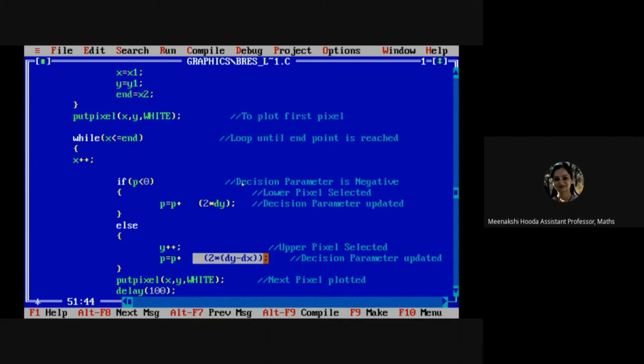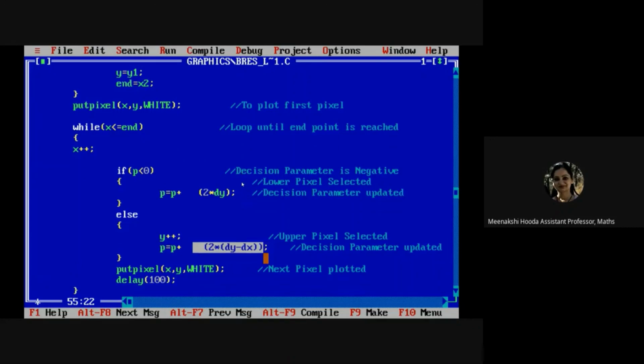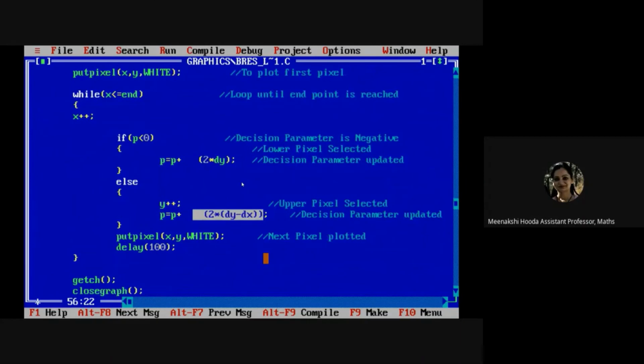So we have updated it. After coming out of this if condition, we will put the pixel. Again, we are plotting the pixel x, y in the white color. Then we have a delay of 100 milliseconds. Again, we go for the repetition in the loop.